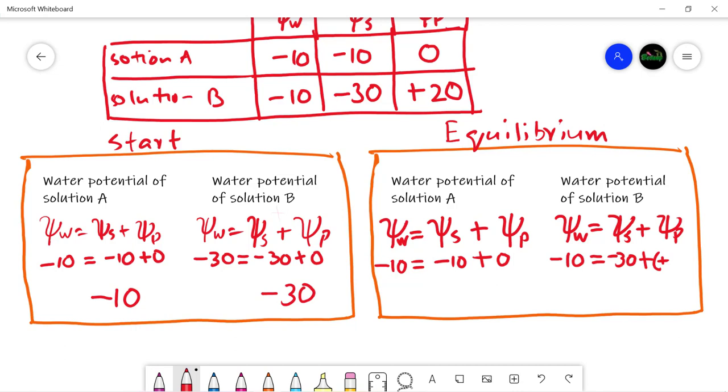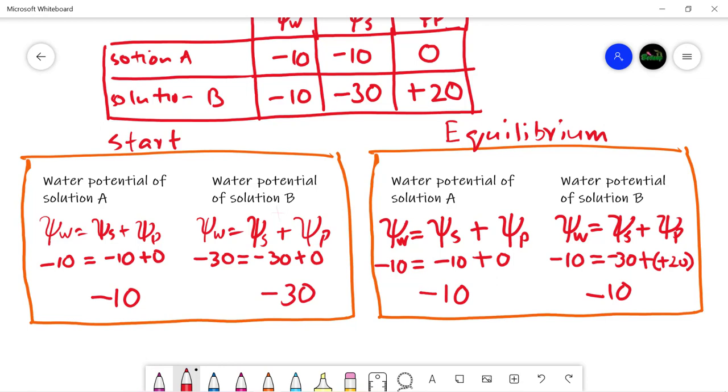Now solving the equation, we get that minus 10 on one side is equal to minus 10 on the other side, because minus 30 plus 20 makes minus 10. So at equilibrium, the water potentials of both solution A as well as solution B will be the same.